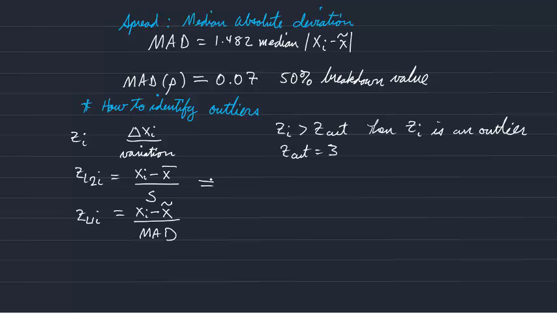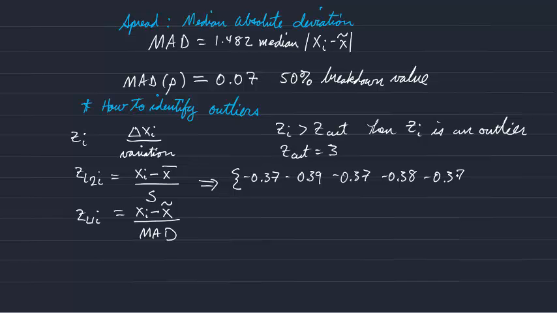So if we used this method for our sandstone density sample, we would get values of Z of minus 0.37, 0.39, minus 0.39, minus 0.37, 8, minus 0.37.